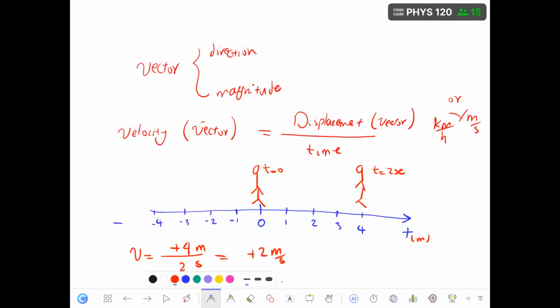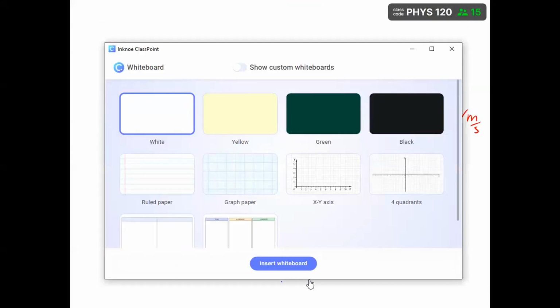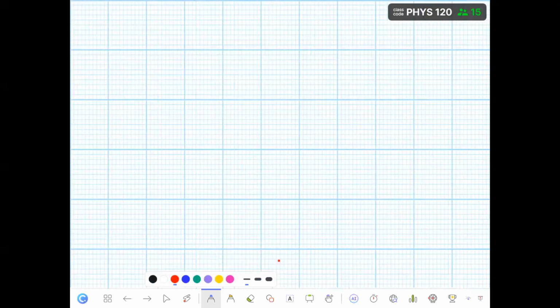Another example. One more example. Okay, so let's say this is a coordinate system. The origin is here, positive 1, positive 2, 3, 4, and 5. And then we have -1, -2, -3, -4.